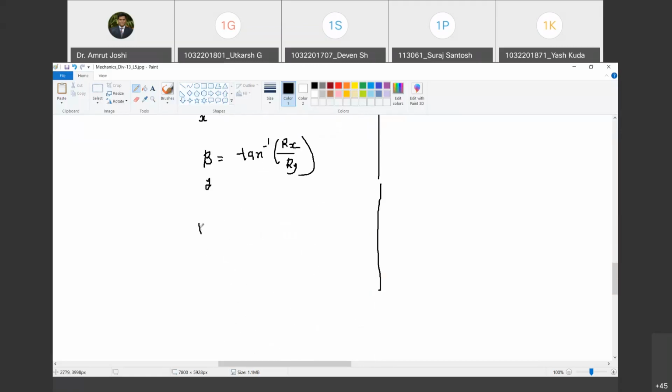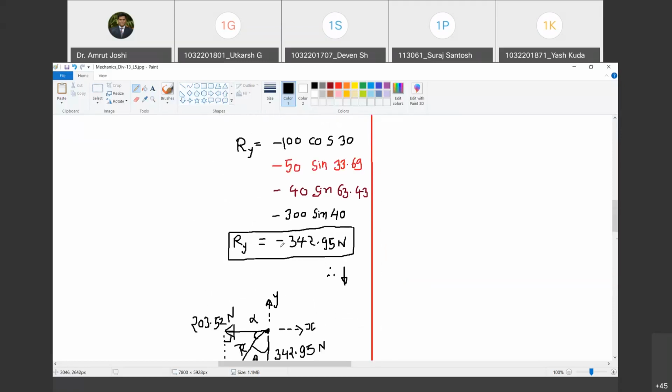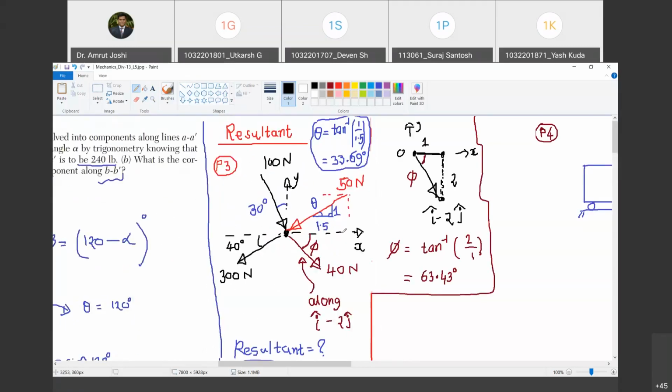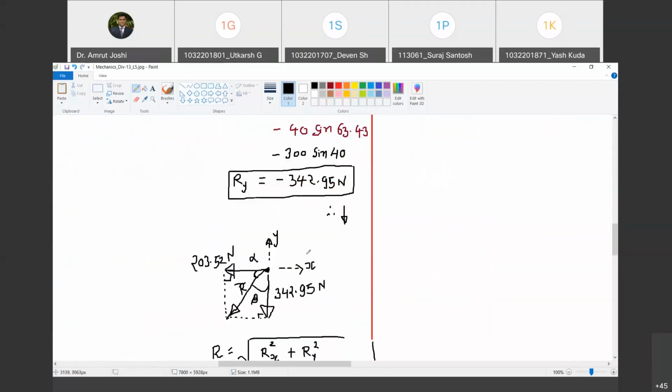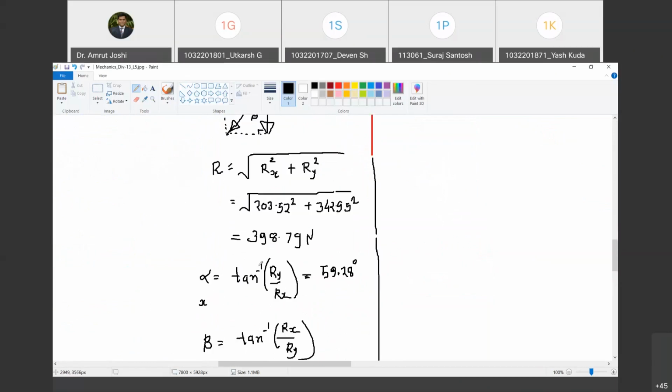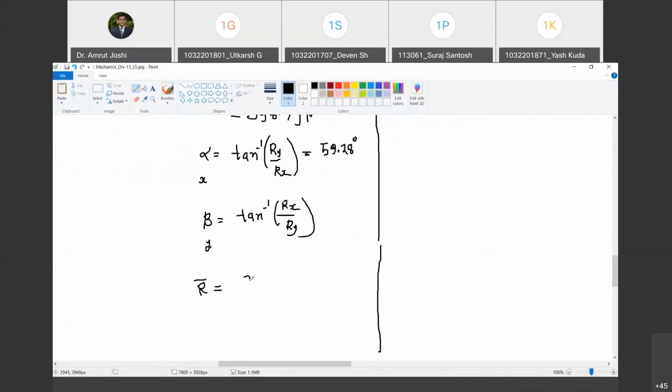So what is the resultant? How do I write the answer? The resultant of all these forces, that means the single force which will replace this force system without changing the effect on the body, is going to be 398.79 Newton. Are you with me? Yes, sir.